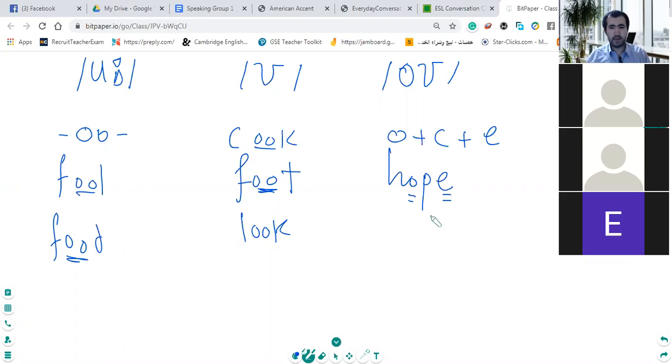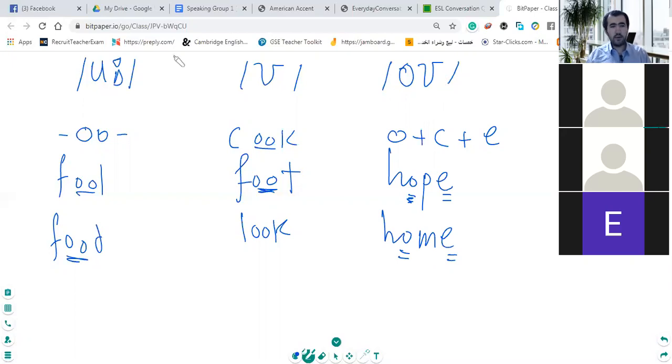O plus consonant plus E. Home. Come is the same pronunciation? No, do you feel it? Come, it's a different sound. So we have oo, o.